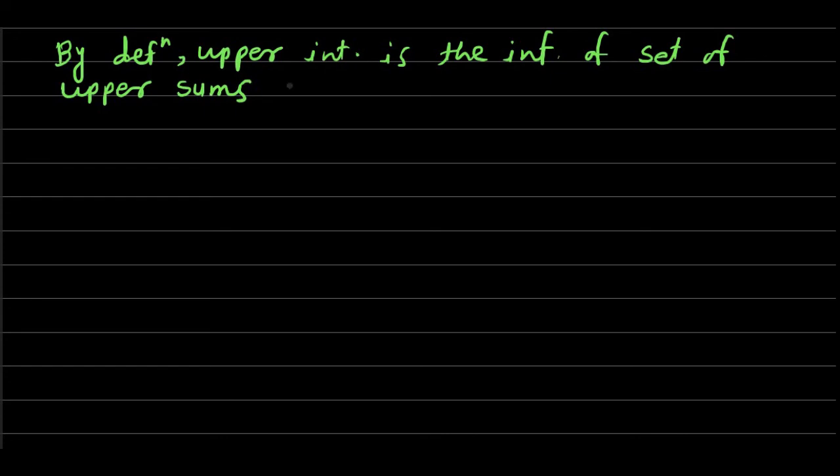Therefore, to every epsilon greater than 0, there exists a partition, suppose that partition is denoted by P1.